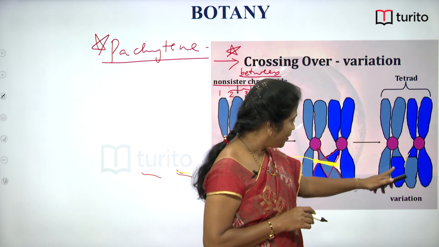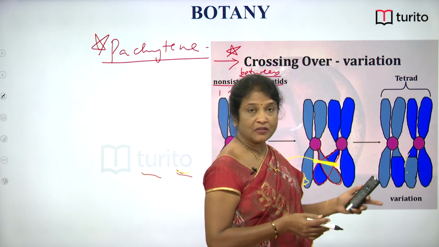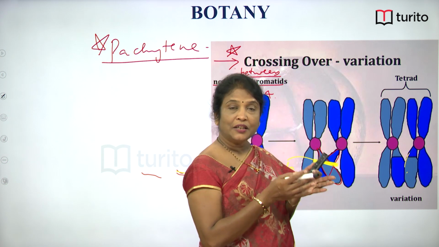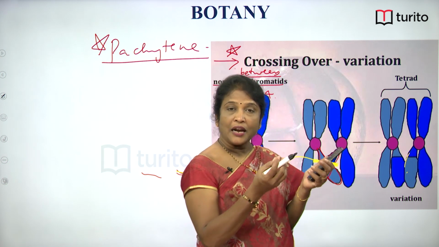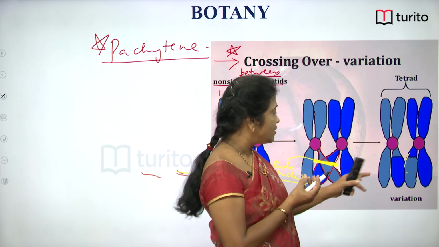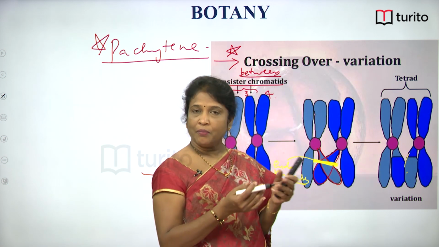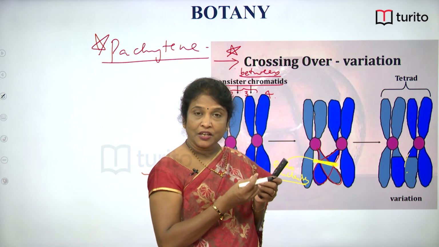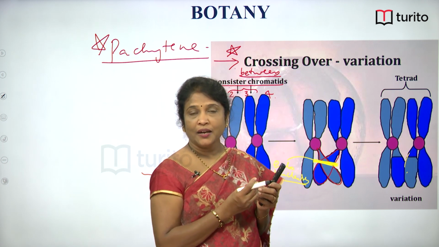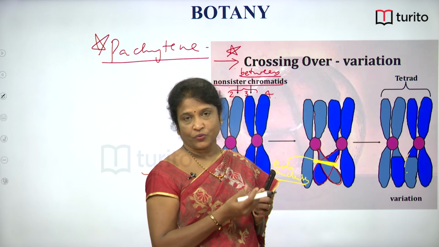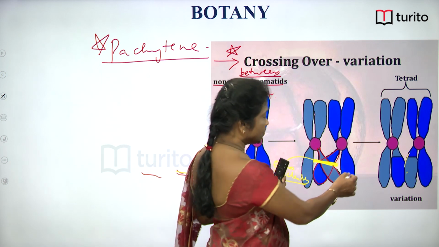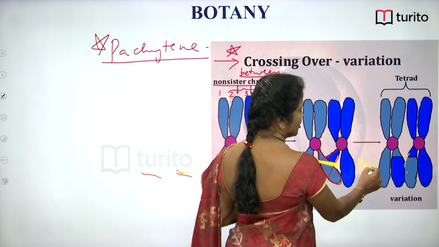Here you can follow exchange of chromatid segments as they rejoin, and that rejoining means linking of the DNA fragments or the chromatid segments. Those chromatid segments are nothing but DNA segments, and they are rejoined. How can they rejoin? By the construction of new phosphodiester bonds, and that is with DNA ligases.